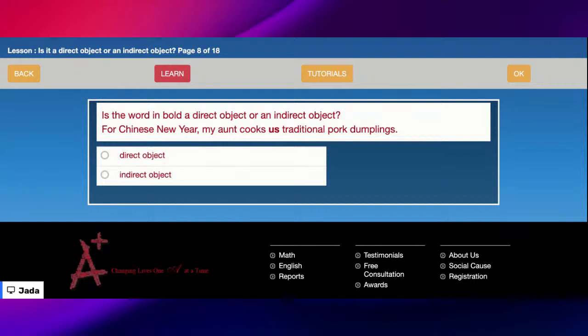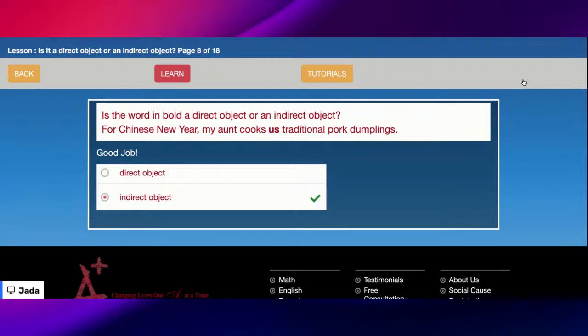Okay. What's our answer here? Option 2. All right.